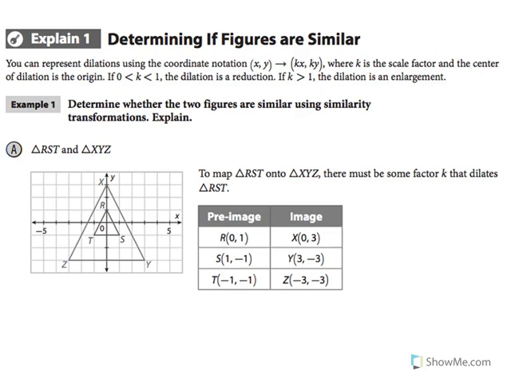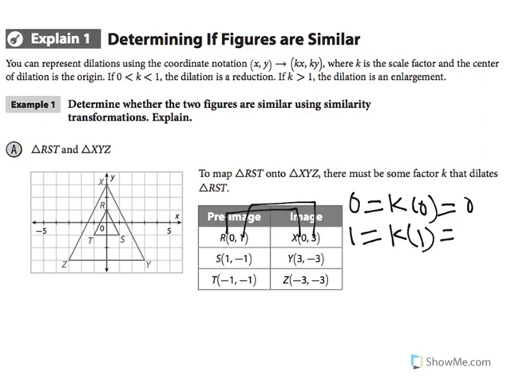So here we can say that 0 goes to 0 and 1 goes to 1. So 0 goes to k times 0, which is still 0, and 1 goes to k times 1, equal to 3. So that means the scale factor must be 3.